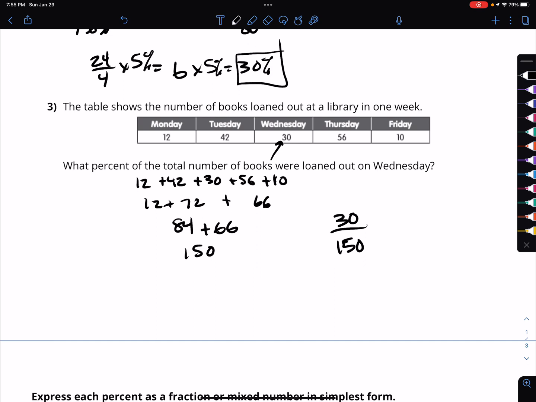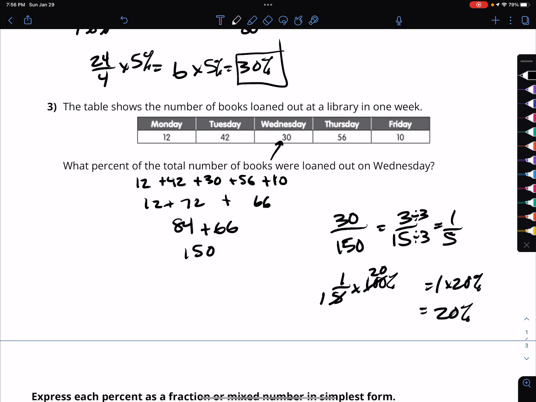I'm going to just simplify this first right away, because why would we deal with bigger numbers than what we need to? That's equal to 3/15. I can divide those both by 3, so 1/5. And if we're going to then use our steps from up above, 1/5 times 100%, we can simplify. And now we are left with 1 times 20%, which is 20%.